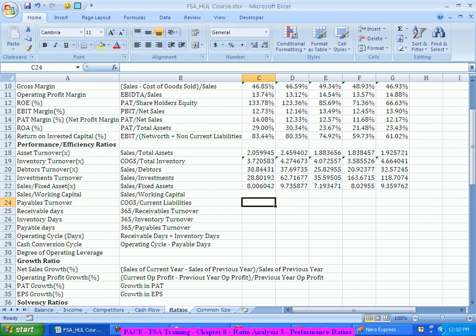Then the liabilities wise also, especially with respect to your creditors. How well you are managing your creditors is another important aspect. Right? So for every X rupees of purchase, how much you still need to pay? How much you have already paid to them? How much you still need to pay?